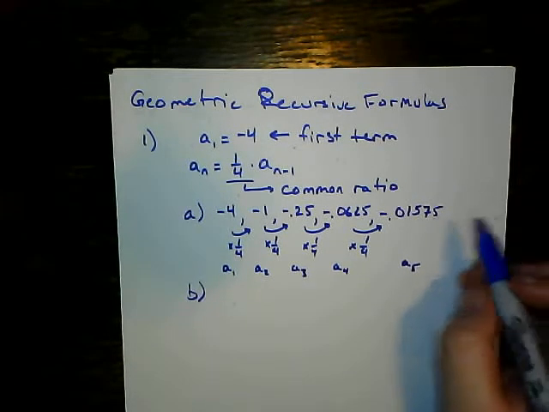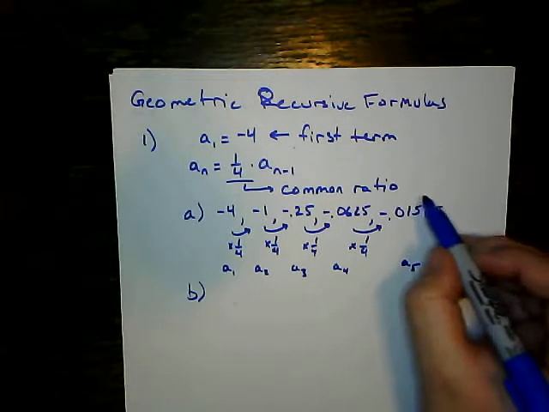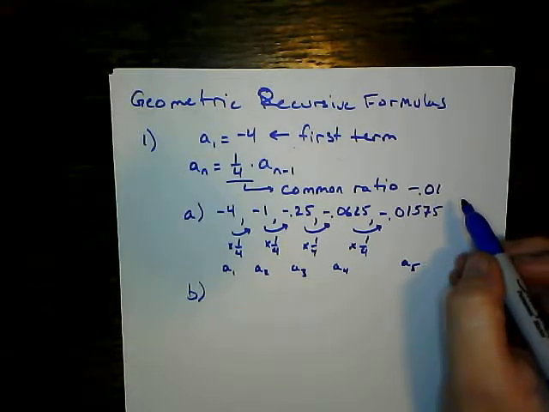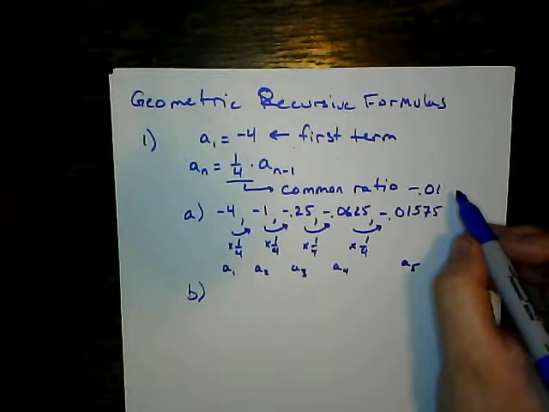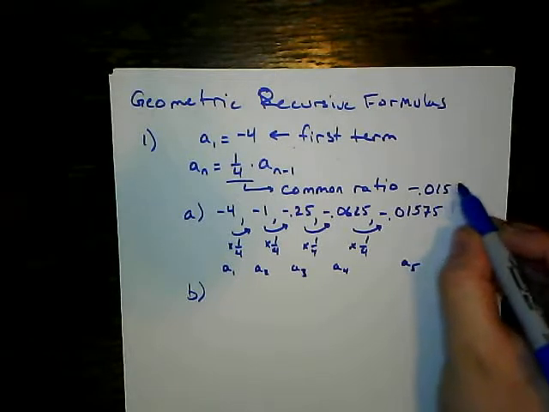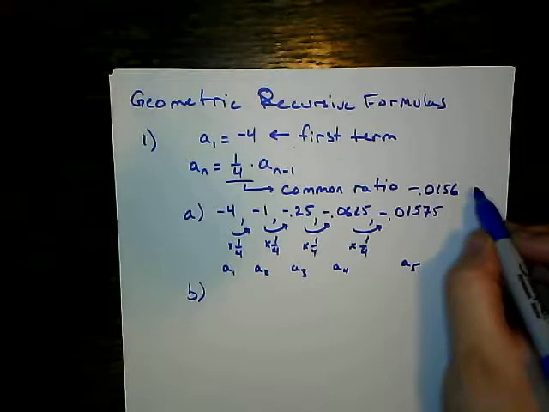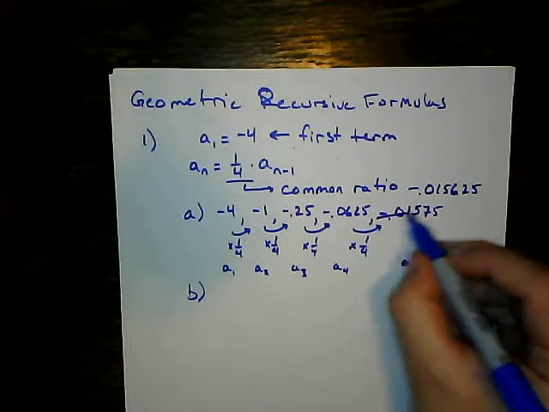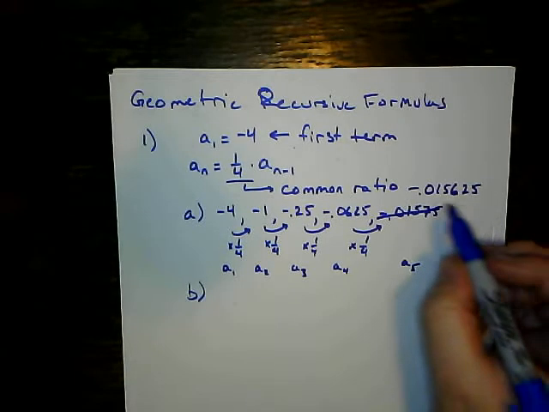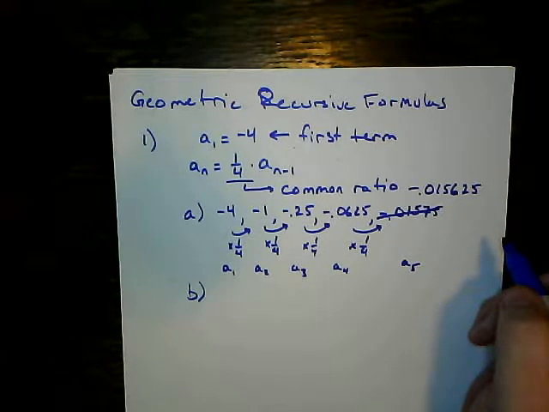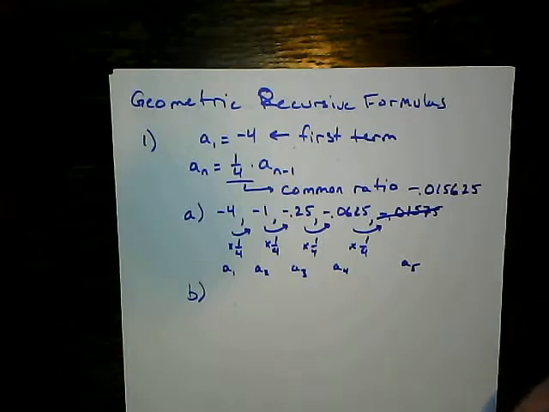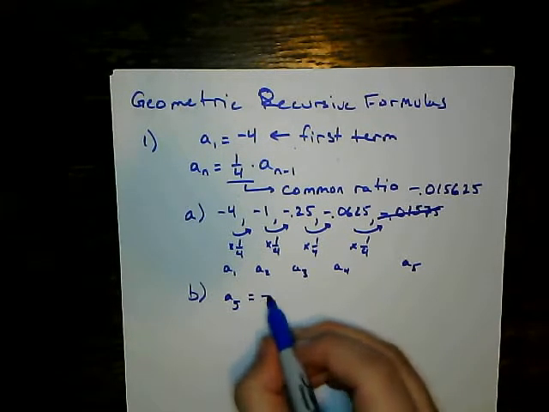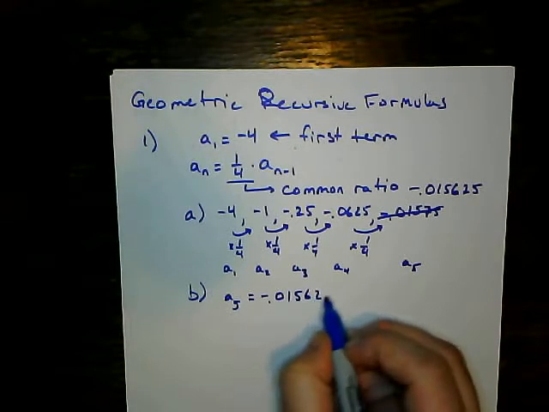Actually, I'm going to fix this. The 4th term is -0.015625... so we've got a5 equals -0.015625.